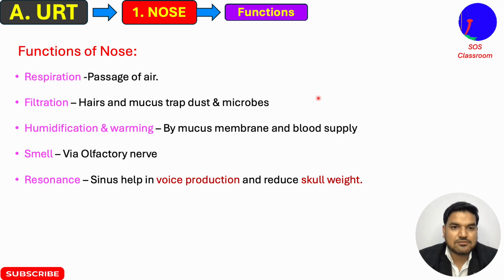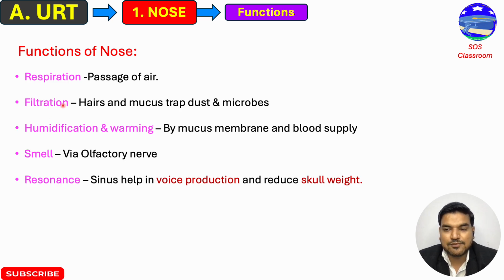Next, what are the functions of the nose? First function is respiration, which means providing the passageway for entry and exit of air. Air means oxygen and carbon dioxide. Next function is filtration.